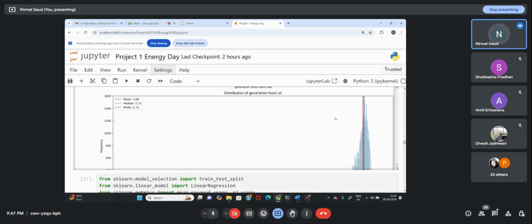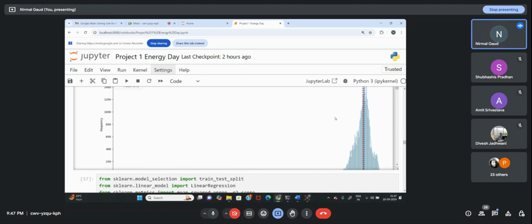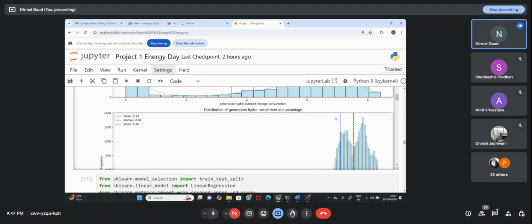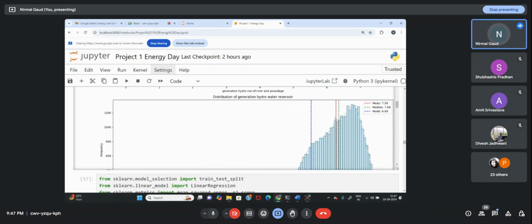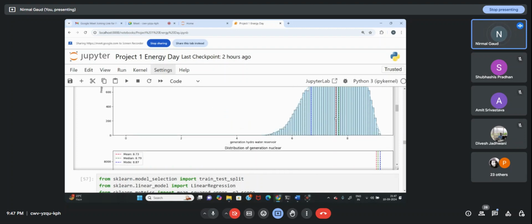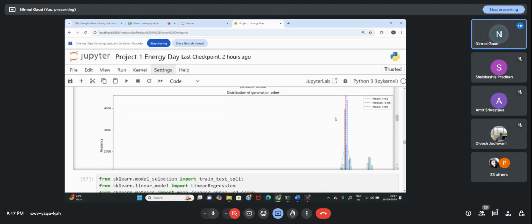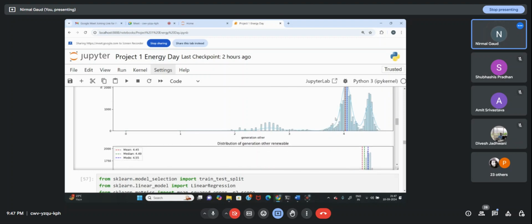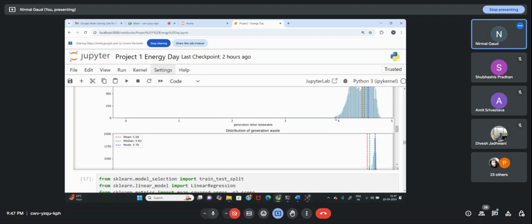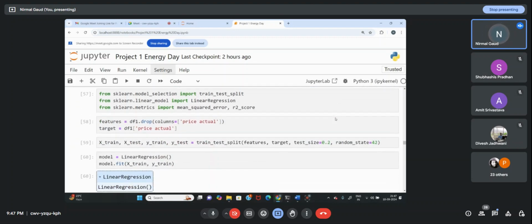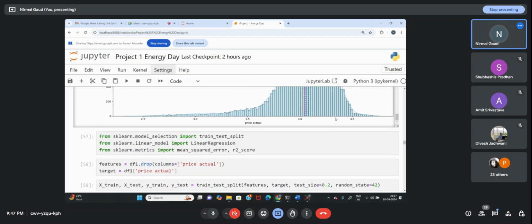I'm not claiming they are fully normal, but there is a change in the orientation, and this change will help us in fitting the data into the model. So it is a tip for everyone: before applying linear regression, kindly perform the transformation over continuous features. You can see the change between the initial histogram and the histogram after transformation.